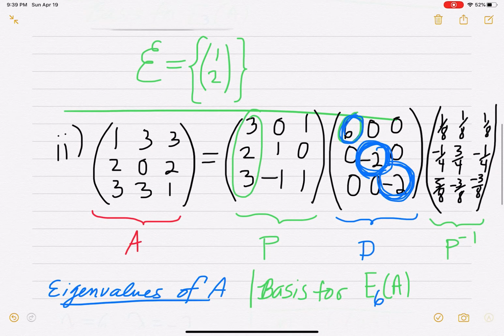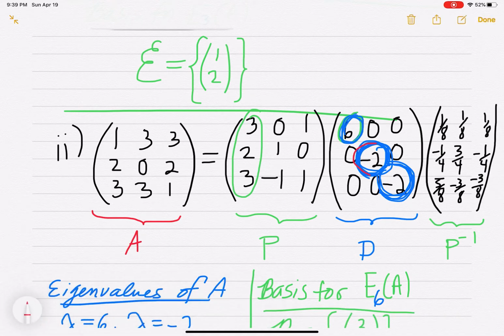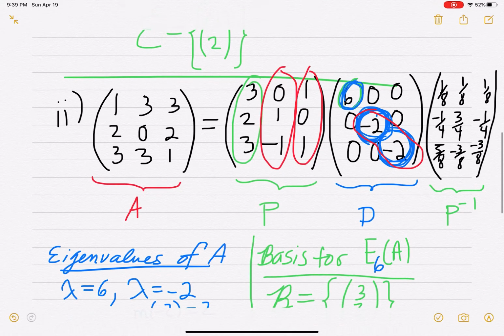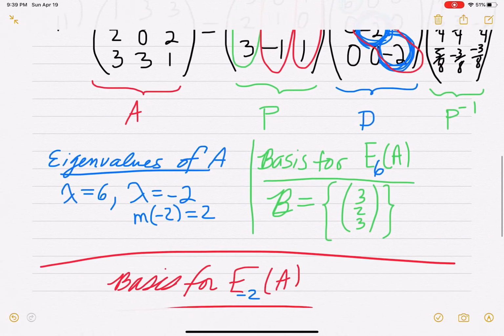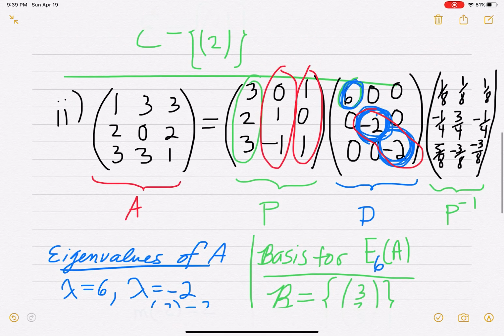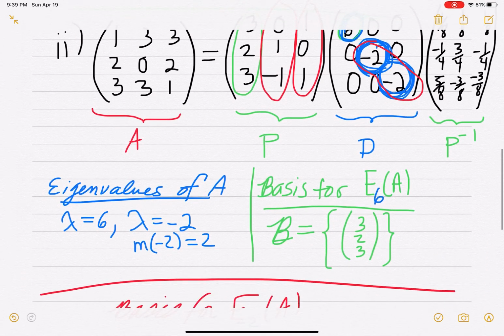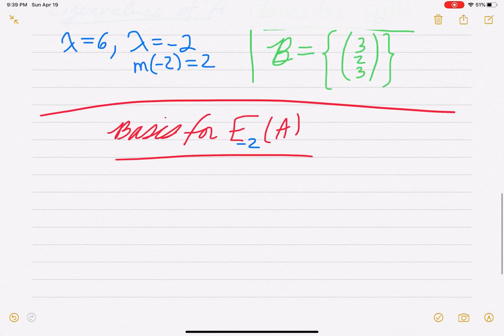Negative 2 showed up twice here. So I'm going to take both of these second vectors in P to form my basis. So we're actually going to have a two-dimensional vector space here. So there should be two vectors in our basis. What were they? 0, 1, negative 1, and 1, 0, 1.